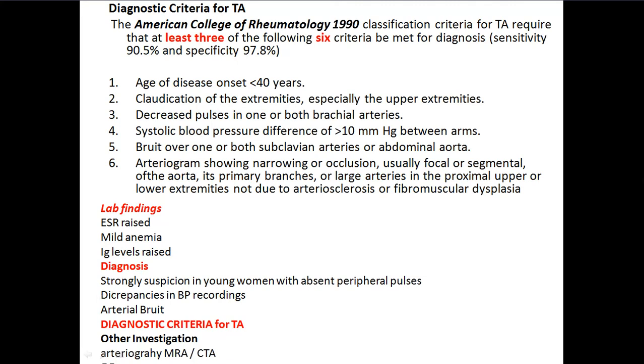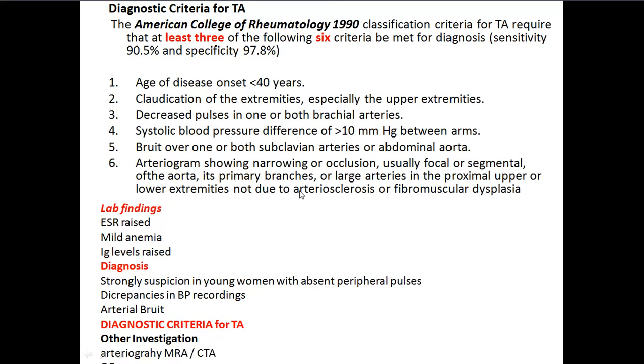So, age less than 40 and claudication of the extremities, mostly the upper extremities. Claudication in the upper extremities, with a blood pressure difference of more than 10 mm, no pulse in the brachial arteries, and the presence of bruit in the subclavian arteries and abdominal aorta, and narrowing or occlusion of the arteries which is not due to arteriosclerosis or fibromuscular dysplasia.